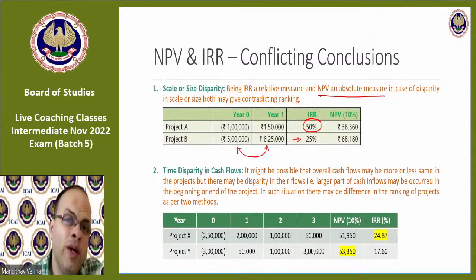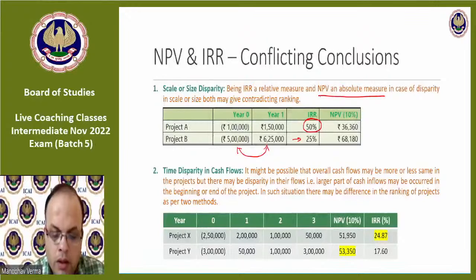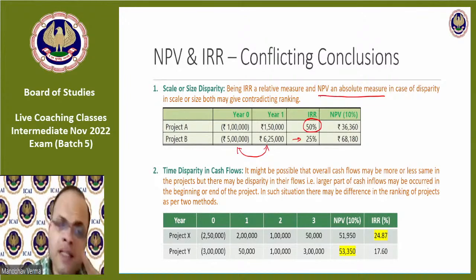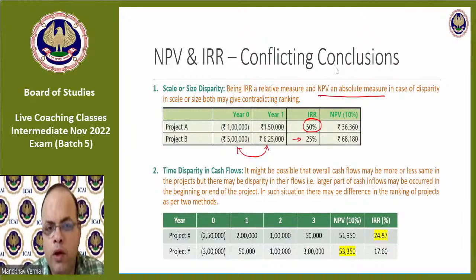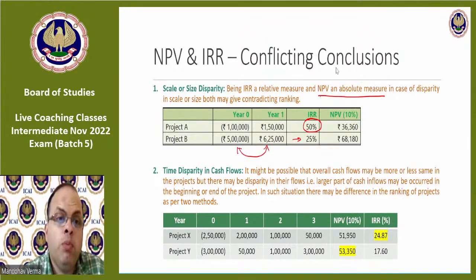Now, one can argue that the risk in project B could be slightly high because you are committing 5 times the funds, but that's okay. Yes, IRR is low, but NPV is high in absolute terms; we're talking about 5 times the funds.